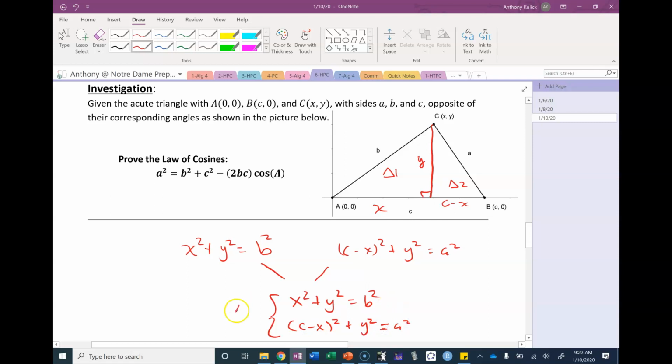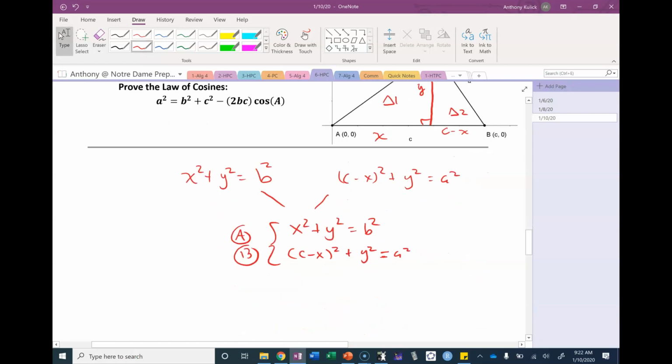It doesn't really matter which one we substitute in for the other, but there's definitely one choice that's a better choice than the other. Should I be trying to substitute equation A into equation B, or equation B into equation A? So I labeled them as A and B here.